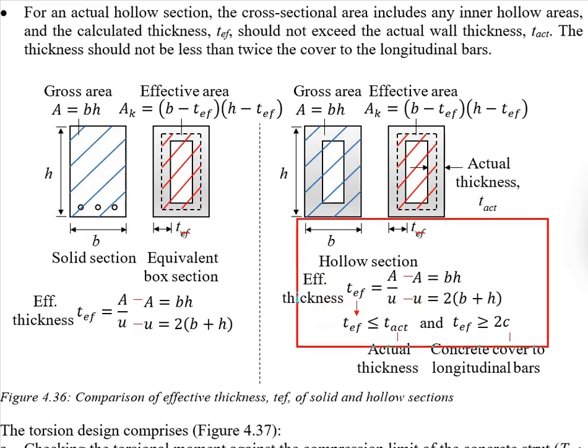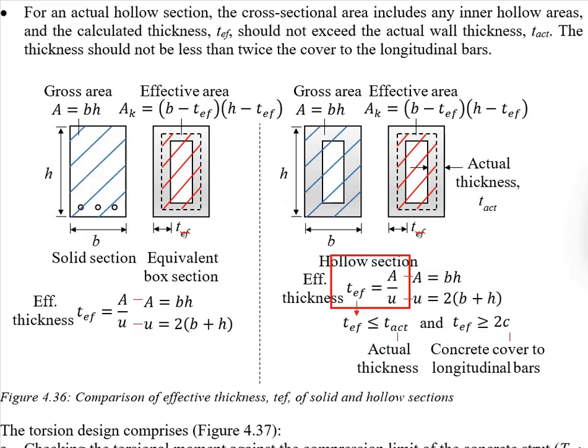Now let us simulate the possibilities here. Let's say you have calculated the effective thickness and you realize that the effective thickness is less than 2 times the concrete cover. That means the hollow section is inadequate. You will need to redesign the section. Let's say now the effective thickness is greater than 2 times the concrete cover. You're going to check your effective thickness against the actual thickness.